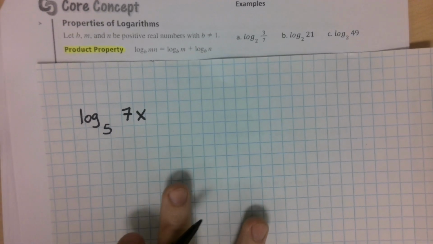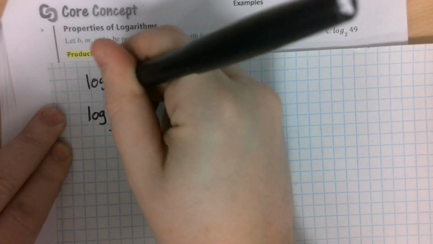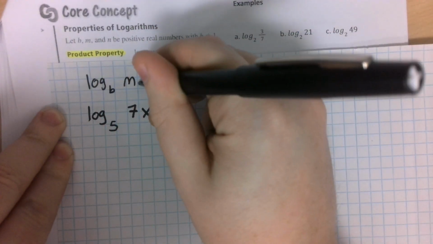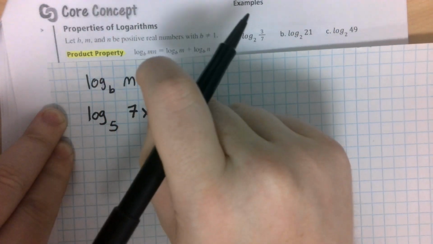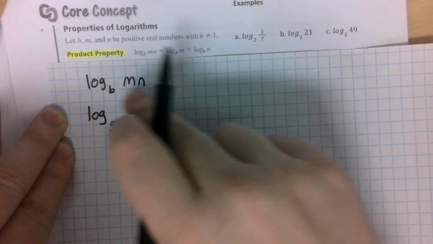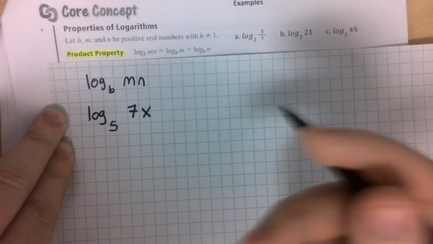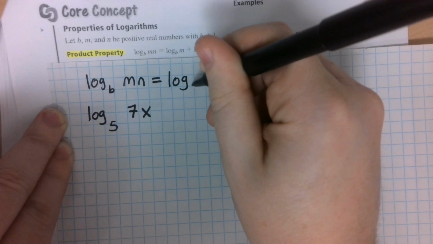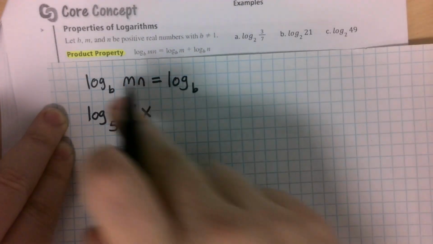The product property says that if you have a logarithm with any base, so that includes natural logs, with two numbers that are being multiplied as the argument, remember the argument is what comes after the log, then we can rewrite it as two different logs being added.